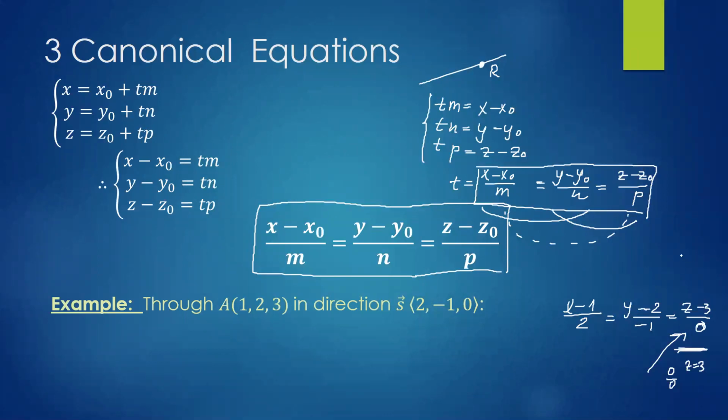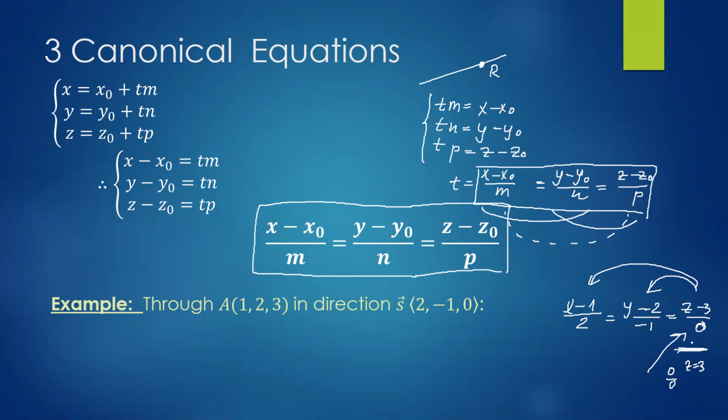It is not division by 0. Algebra does not allow us to divide by 0. This is not division by 0. It simply says the ratio of these 2 zeros is the same as the ratio in the x coordinates or the ratio in the y coordinates. The ratio is the same, but it is only possible if we have 0 over 0. That is, if we have z equal to 3.